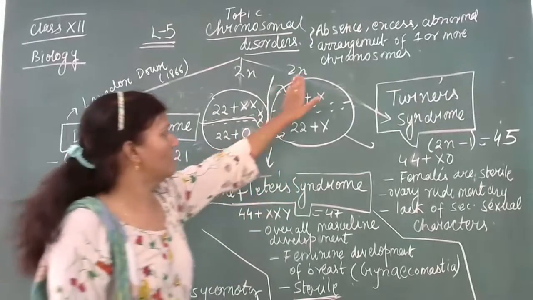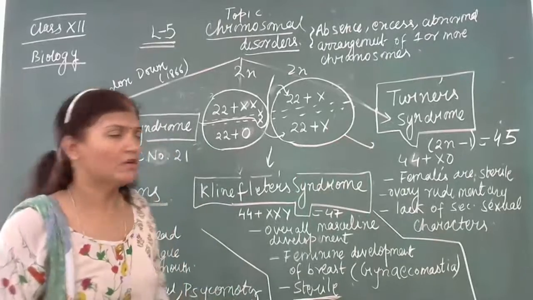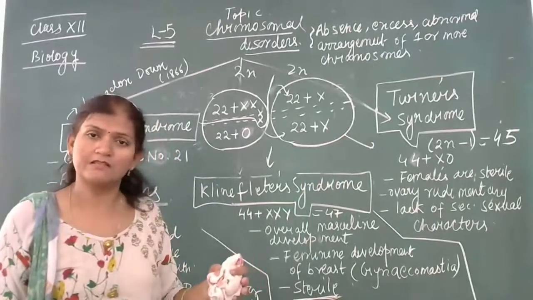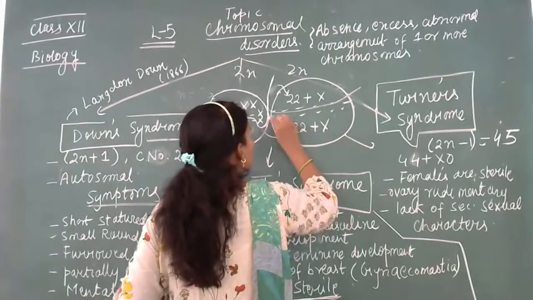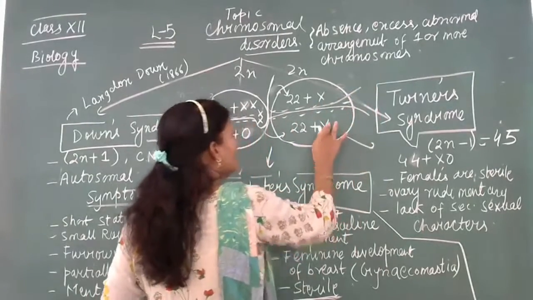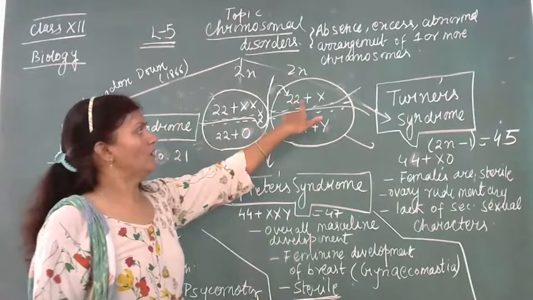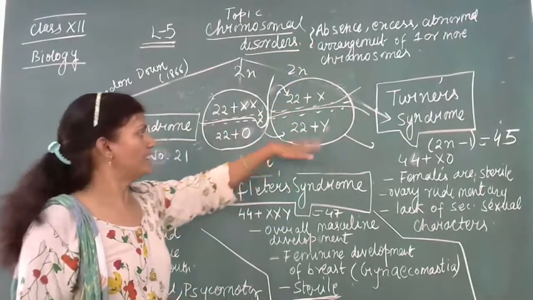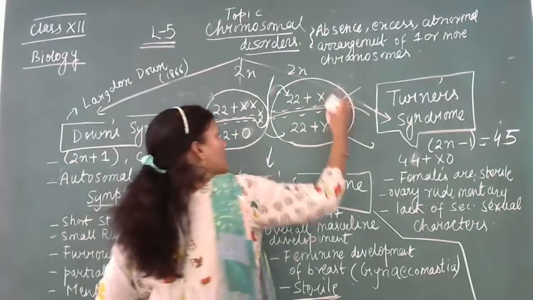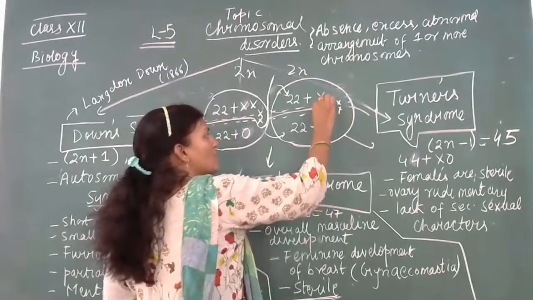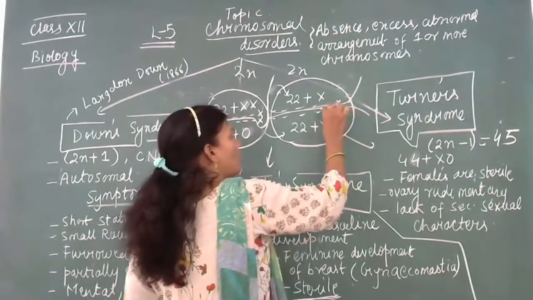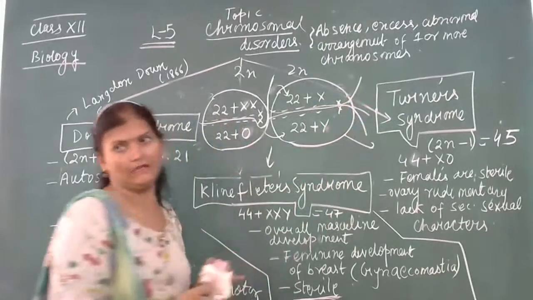Now let us see in the males. Suppose there is a normal cell division and both of them have segregated this way. So here 22 plus X has gone that side and Y has gone that side. Or you can just understand that here it was X and here it was Y. So when the separation took place, the X has gone here and the Y has gone here.